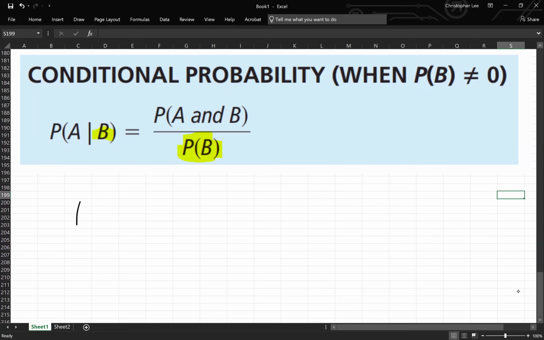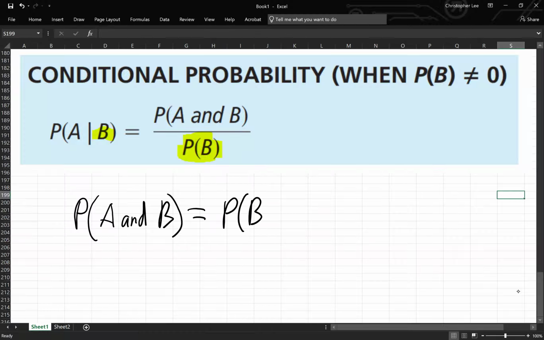This is what's on your formula sheet: the probability of A and B is equal to the probability of B times the probability of A given B. But this formula says the probability of A given B is equal to the probability of A and B over the probability of B. How do you get that?